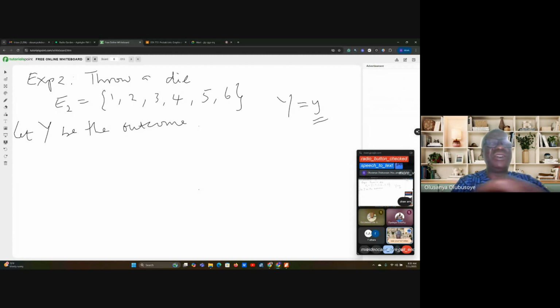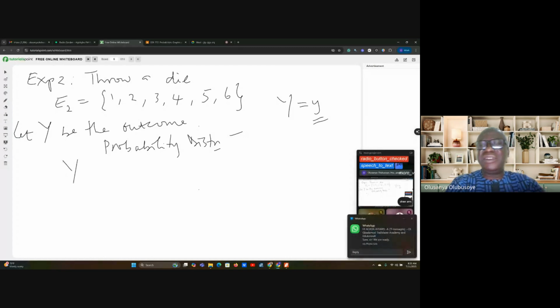So I can also, as usual, have the probability distribution table. So in that table, I'm going to have the random variable. In this case, we have used Y for the notation.